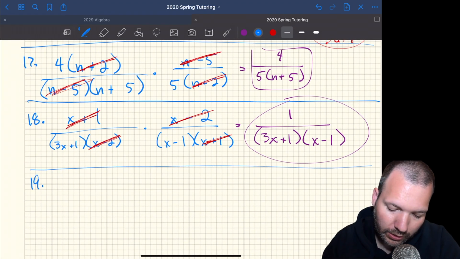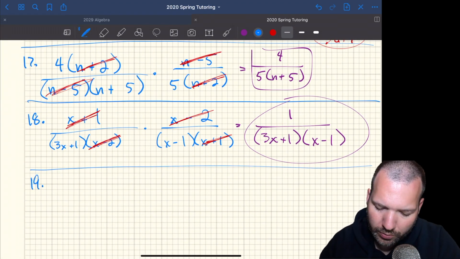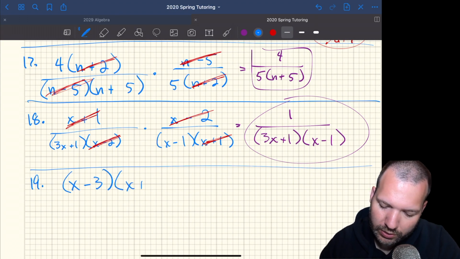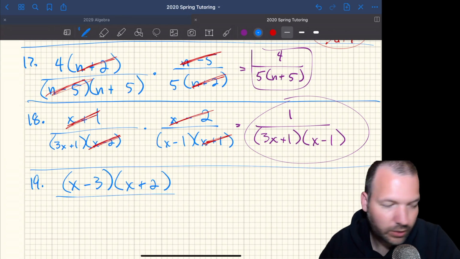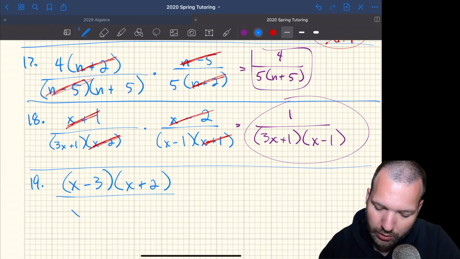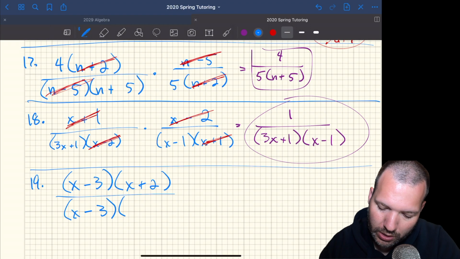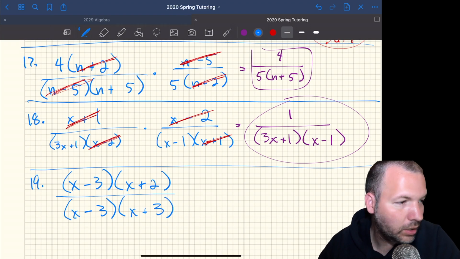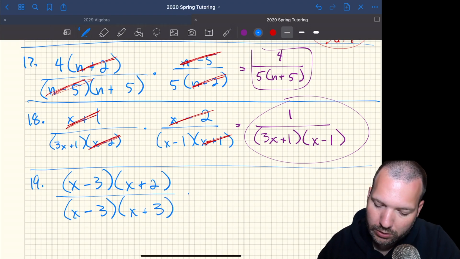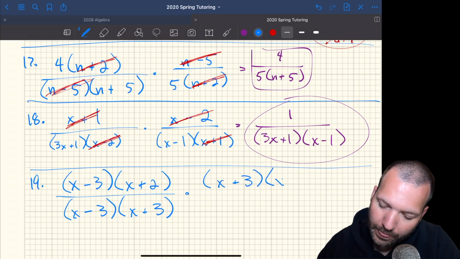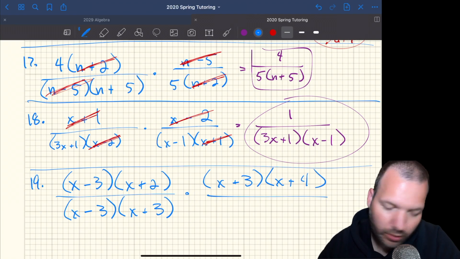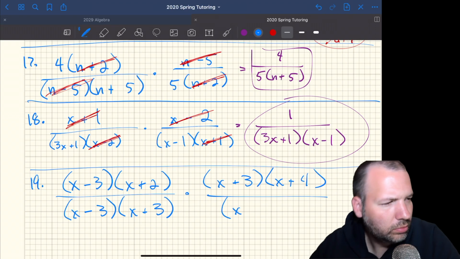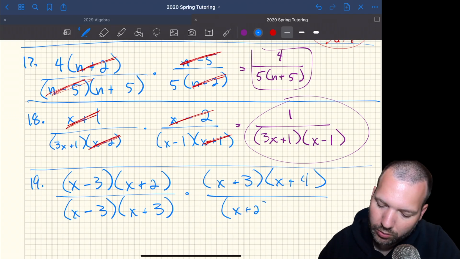Number 19. X squared minus 6 minus x. Again, using my professional factoring skills, x minus 3, x plus 2, x minus 3, x plus 3, times x plus 3, x plus 4, all divided by x plus 2, x plus 2.